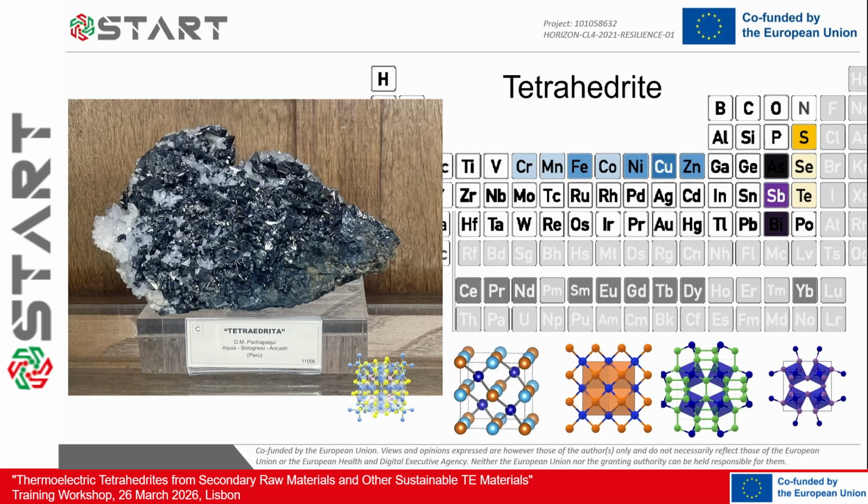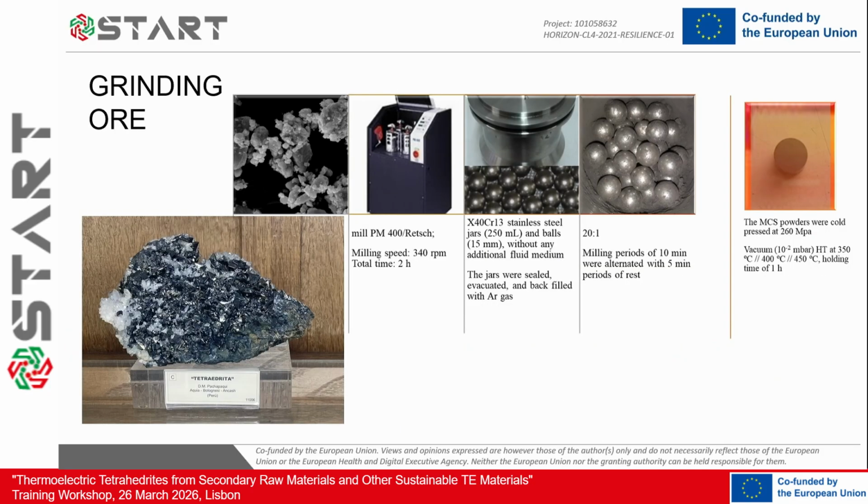It is not always in this form, and it does not always contain the right elements to have a proper thermoelectric material. But what one can think about, having this material already available, is to grind it down, use ball milling to make a very fine powder, and compact it into a pellet that you can even test.